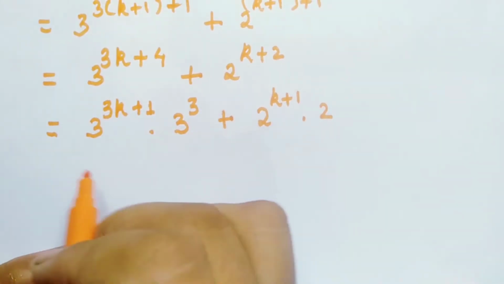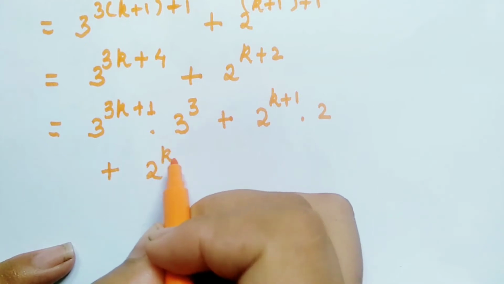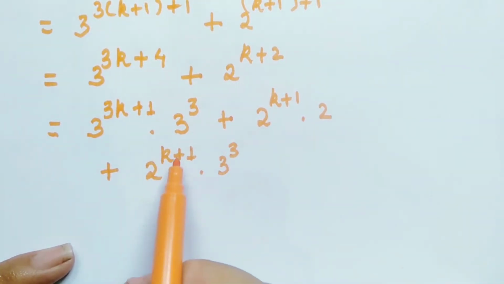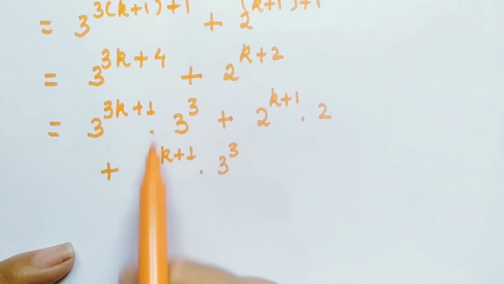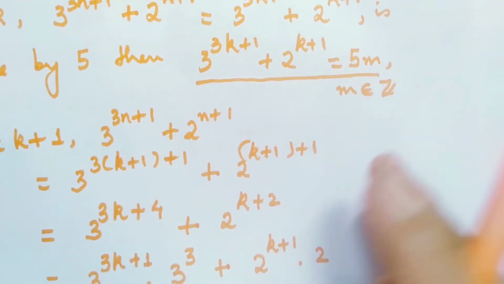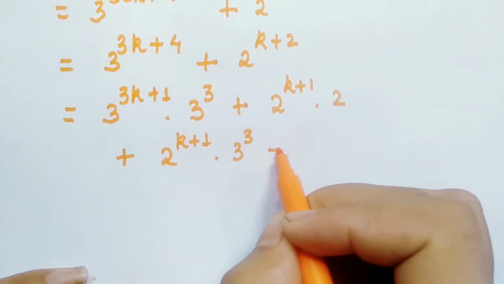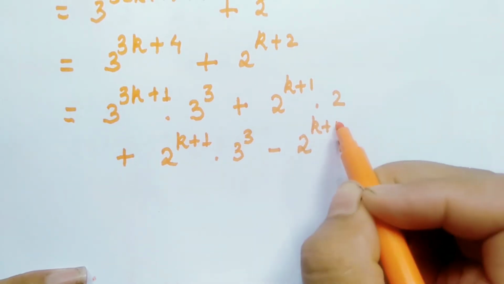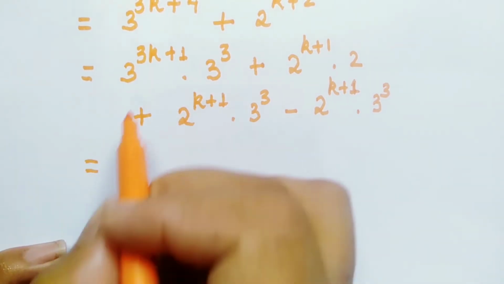If I add 2^(k+1) times 3 cube, then I get 3 cube into (3^(3k+1) + 2^(k+1)), and that is equal to 5m. Yes, I get. Since I have added this one, I have to subtract the same term into 3 cube.